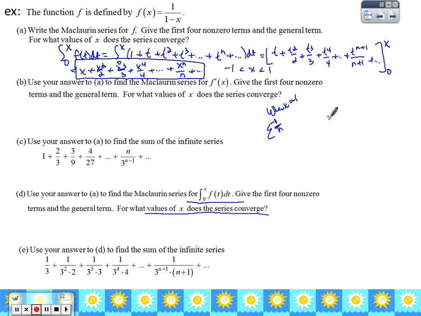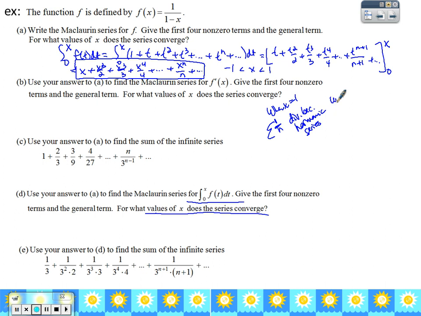It's a p-series with a p of 1. It's a divergent p-series. You can say that it's a harmonic series. We know the harmonic series diverges. So either way, we can say it diverges because it's the harmonic series, or because it's a p-series with a p of 1.